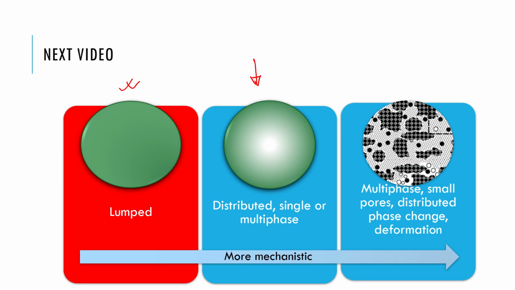And the video before that gives you the most comprehensive description of drying, which even includes how we can calculate, for example, shrinkage. The next video in this series, which is the last one, would simply summarize these three frameworks.